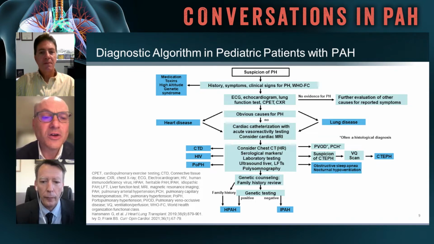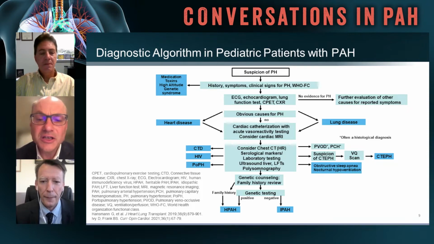And you can see early on that we look for congenital heart disease and chronic lung disease. And what we don't see as much early on is scleroderma or other connective tissue diseases or chronic thromboembolic pulmonary hypertension. However, I would say that it's extremely important to look for these disorders.